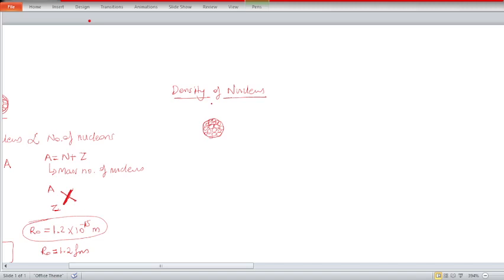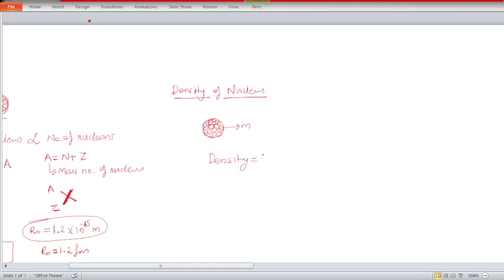Now each of these nucleons has mass m, which is nothing but the mass of protons and mass of neutrons, and they are almost the same. Then, if you are considering the density of the nucleus, what is the density?